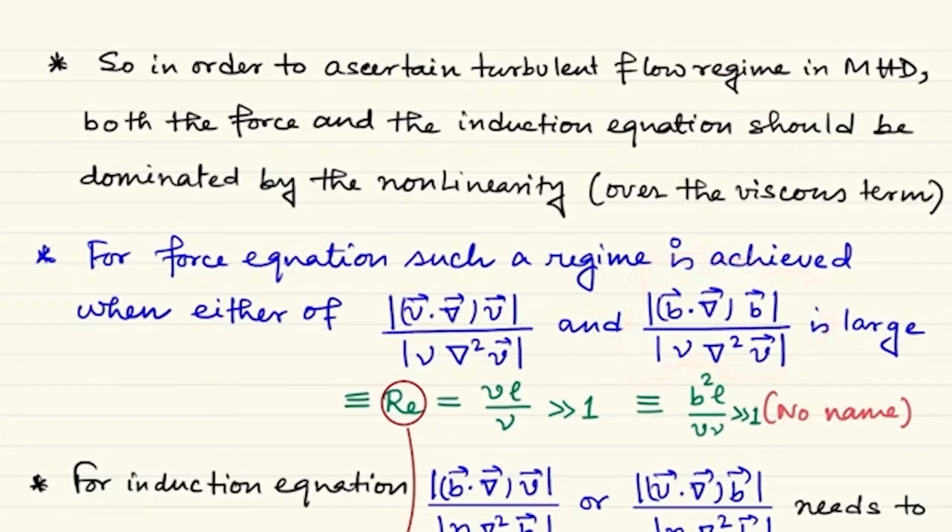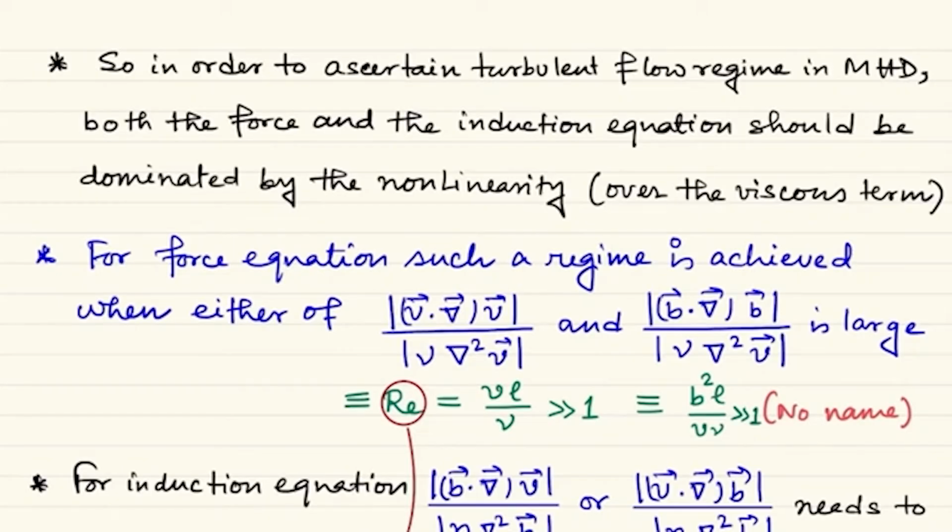However, if your velocity is not very large, then you have to look at this. The problem is that velocity is in the denominator.